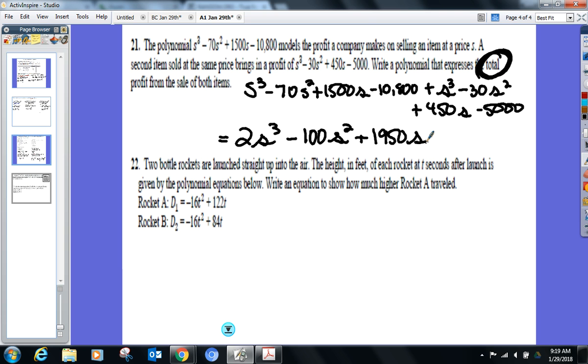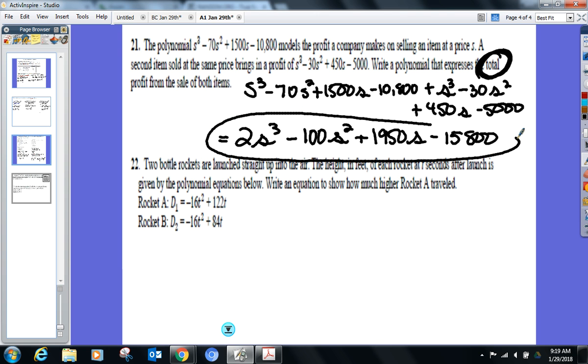And how about the negative 10,800 and the negative 5,000? And again, that's why you have your calculators. Negative 15,800. Total profit. We all right? Ask away here.